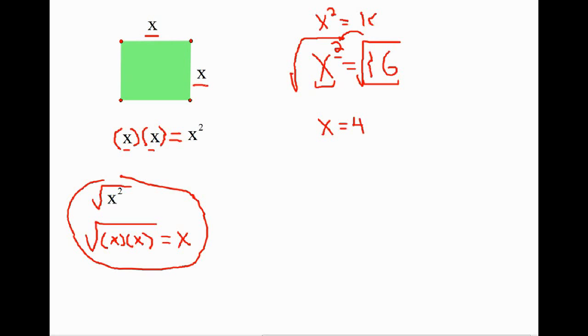Well, this solution, x equals 4, we know is the correct answer because 4 squared is 16. So we get a situation where the left side equals the right side when we substitute our value for x into that equation. So just to recap, square root and squared are opposite operations. To get rid of squared, we do the square root. To get rid of square root, you would do squared.